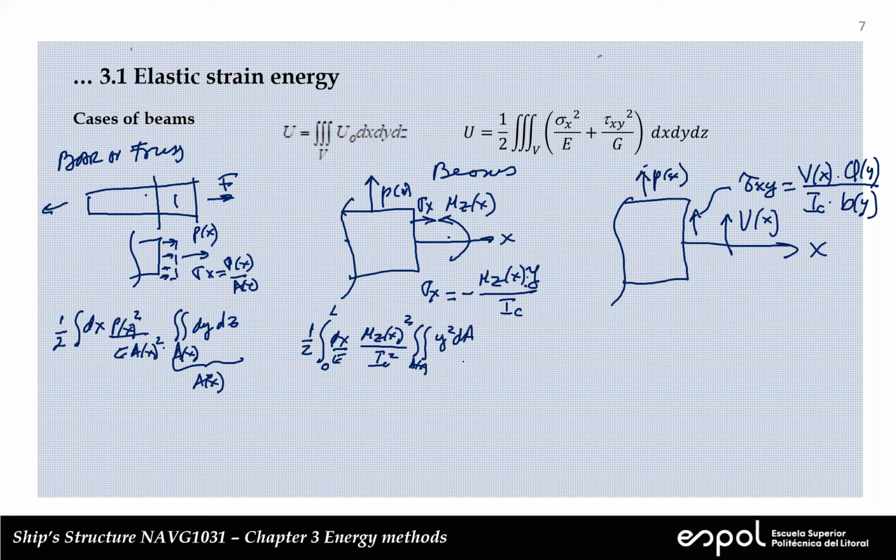Okay, so again, this integral, you can recognize that it is equal to I sub c. So one of these will cancel. And finally, in the case of the shear, we have 1/2 the integral along the length of the beam. We have dx divided by G. And then we have the shear force squared along the length of the beam divided by I sub c squared.